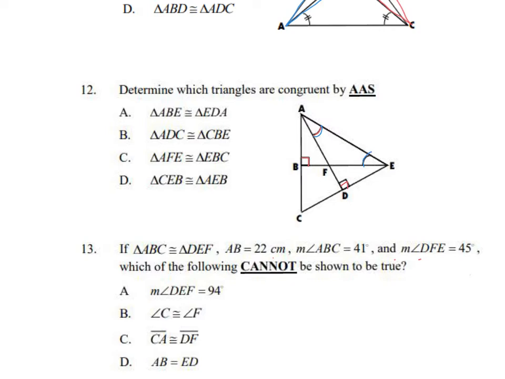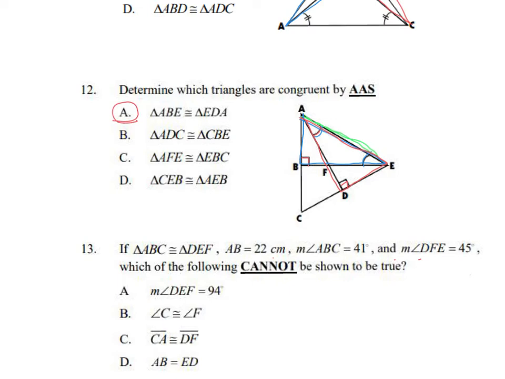And then what we would have is this side that is reflexive. And so the triangles that I'm looking at would be this blue triangle here and this red triangle here, and that is going to be choice A.